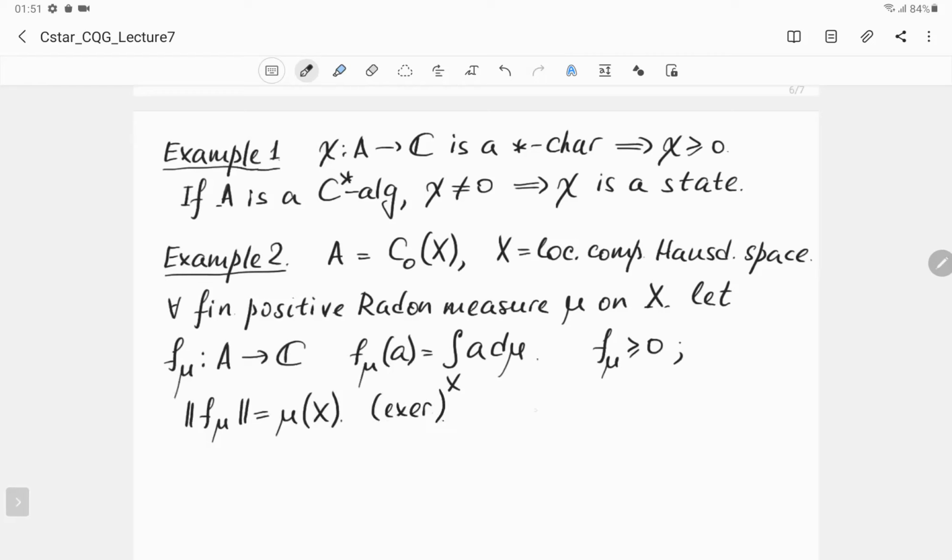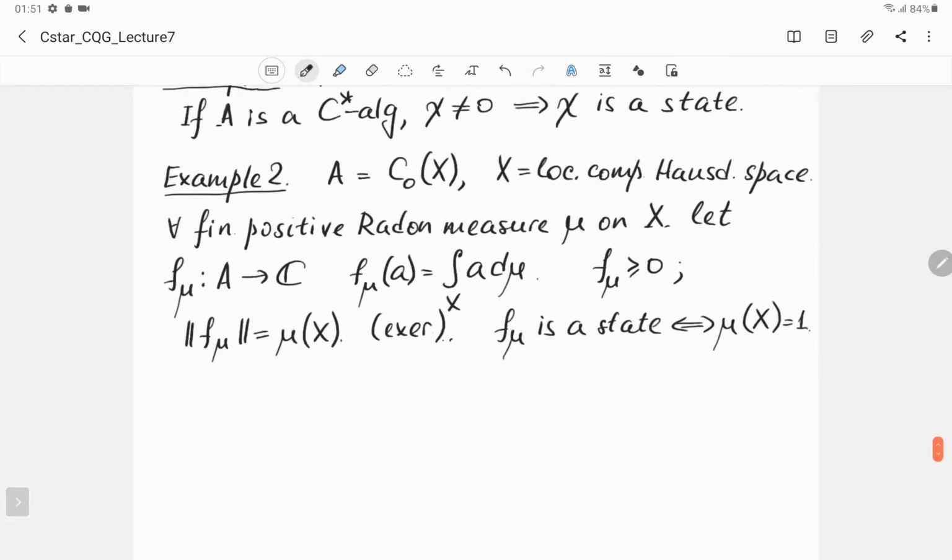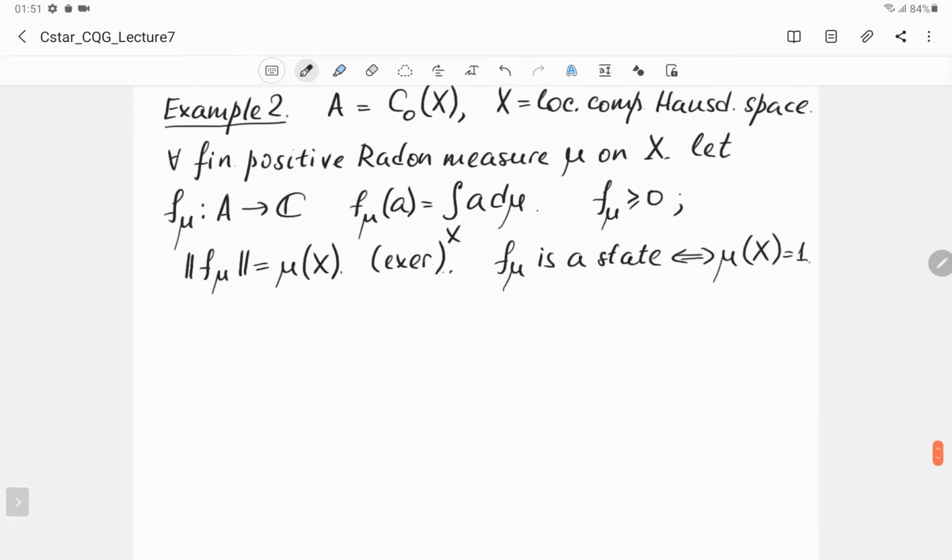So we see that f mu is a state if and only if mu is a probability measure, mu of X equals 1. In fact, this example describes all positive functionals on C0 of X.